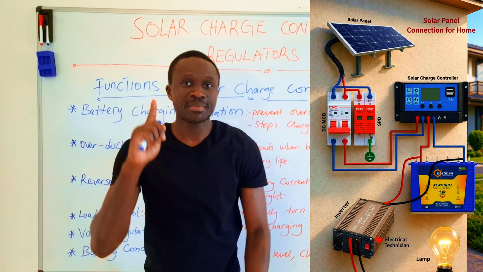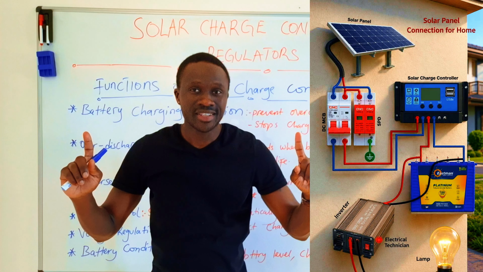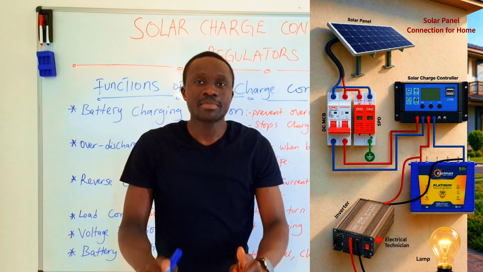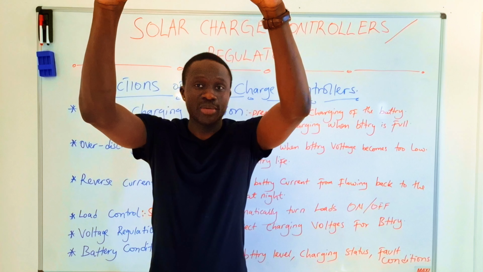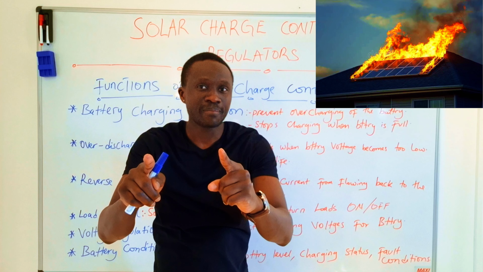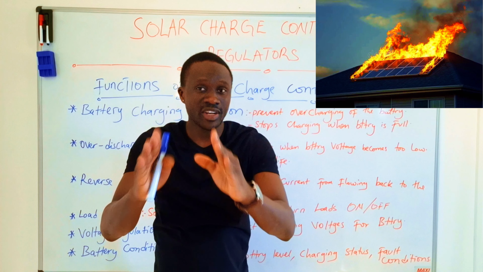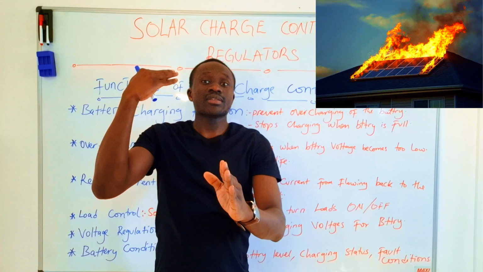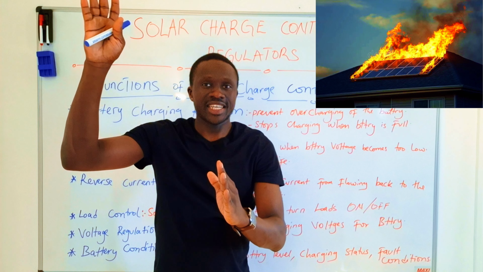You know, at night, solar panels, they don't work. Okay? Now, once you connect your solar panel direct to the battery, the battery will send current back to the panel and it will affect your panel. Yes, it will affect your panel because of that current which goes back at night.